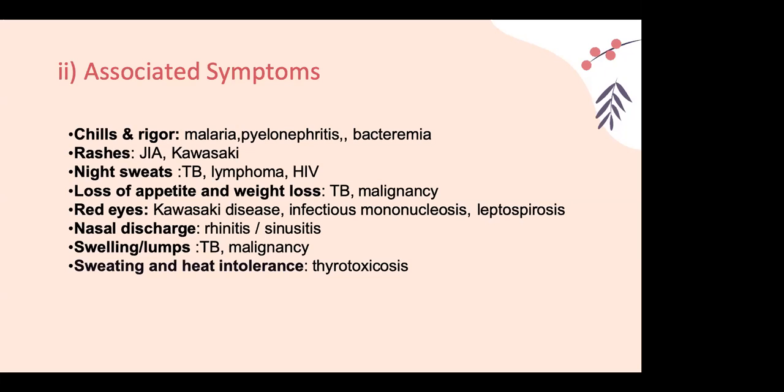Night sweats commonly occur in TB and lymphoma. Cough is commonly due to TB and malignancy. And then red eyes, such as in Kawasaki disease, nasal discharge due to rhinosinusitis, and is there any swelling, especially at the neck, to indicate TB and also malignancy.